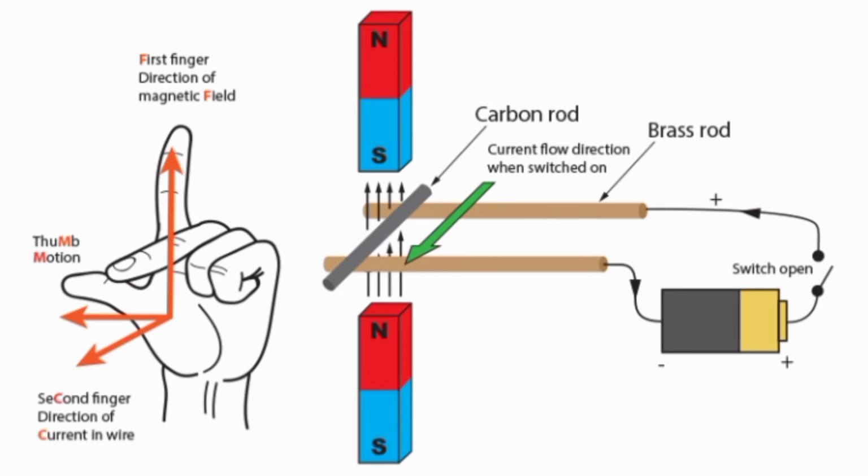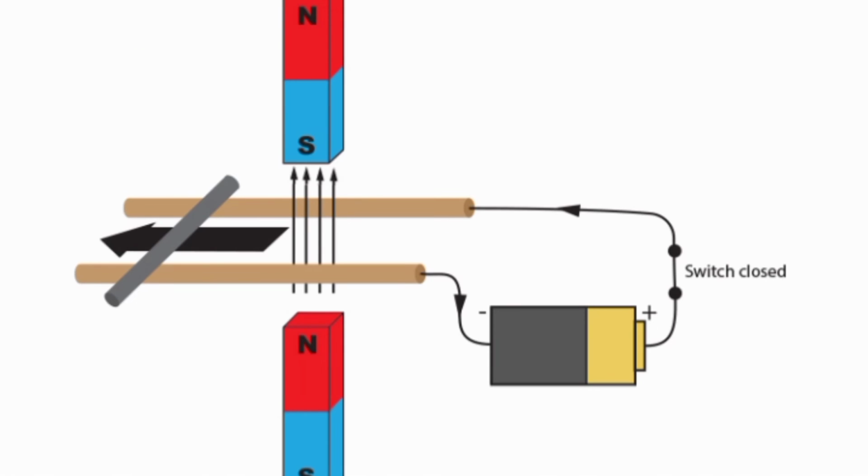Now the second finger will be placed in line with the direction of current in the wire, which would be opposite to before. With the current and field reversed, your thumb will show you the direction of the motion of the carbon rod. As the current and the magnetic field are both reversed, we find the same direction as compared to the first experiment we did.